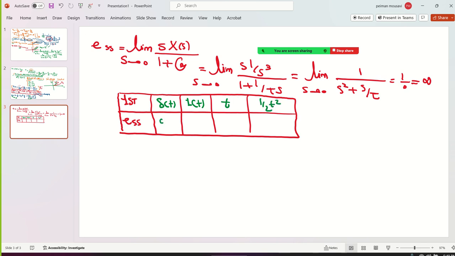We saw that for the first order system, y over x closed loop transfer function is 1 over tau s plus 1 for this system. So it is 0, we saw that. This is tau constant error signal, and here is infinity.